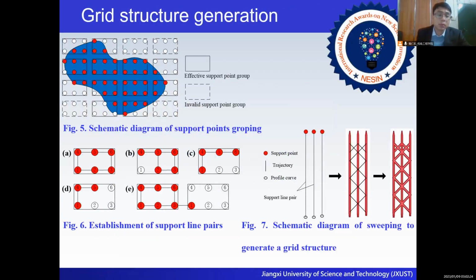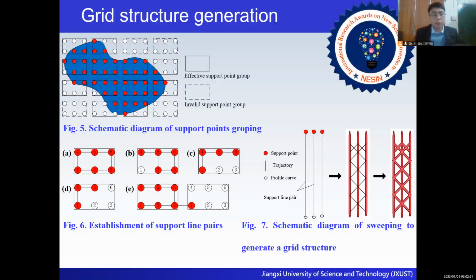Step 1. Support points grouping. We group the support points so that the backbones of support structures are connected only in the group to improve the ease of removal of the support structure. Fig 5 shows the grouping method.